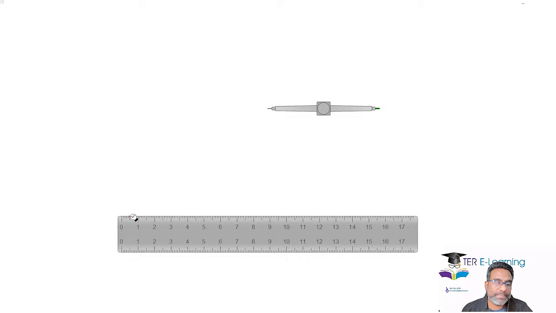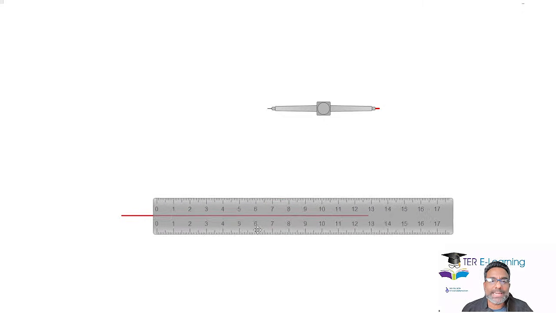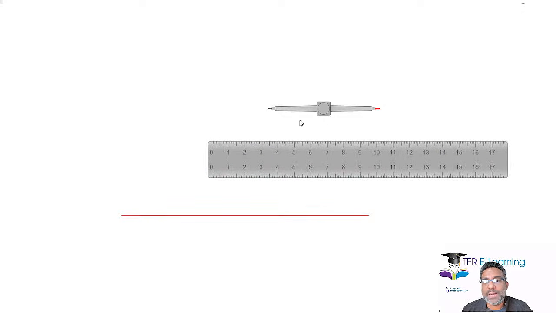You take your ruler. One sec, I don't like the green. I'm going to draw a line here, and I'm going to draw it longer than 12 cm. Let's say about 15, no matter. Now, the next step in the process, to make sure you have 12 cm, you're going to take your compass, put it next to your ruler, and open it so that it is actually 12 cm.